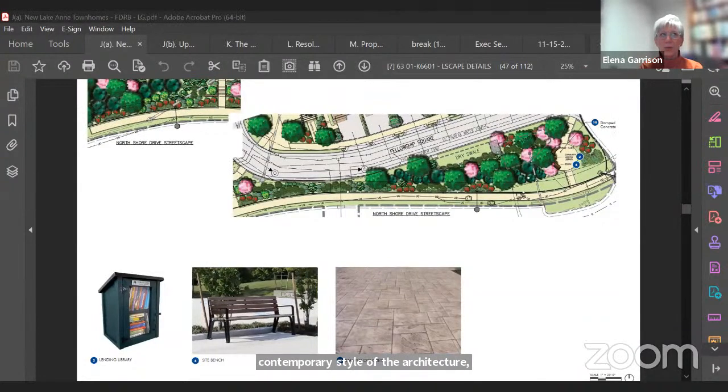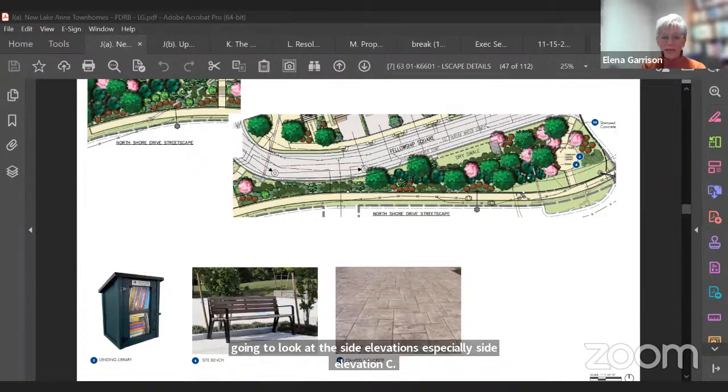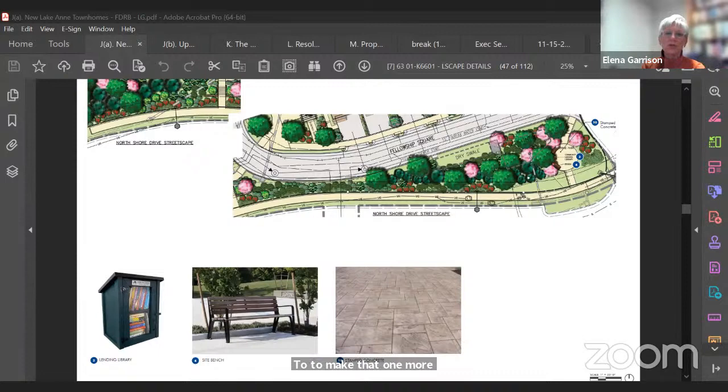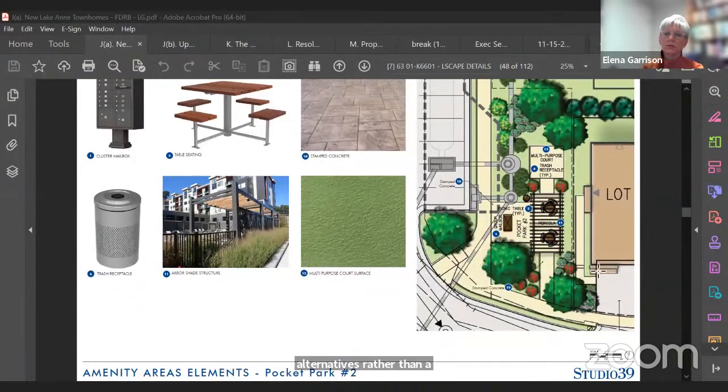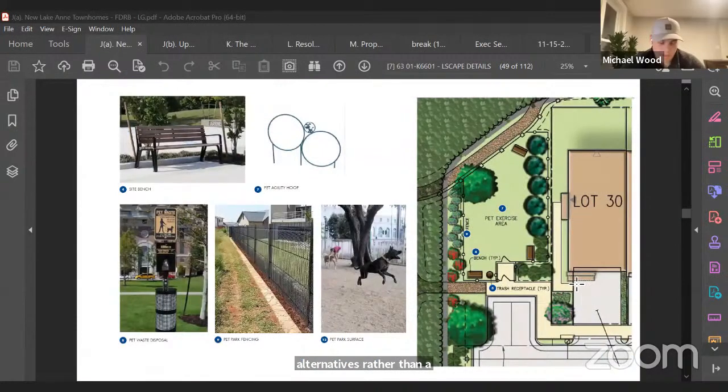And they were going to look at the side elevations, especially side elevation C, to make that one more organized and look at other alternatives rather than a garage window in the entry vestibule. There's an amendment to your motion, John.